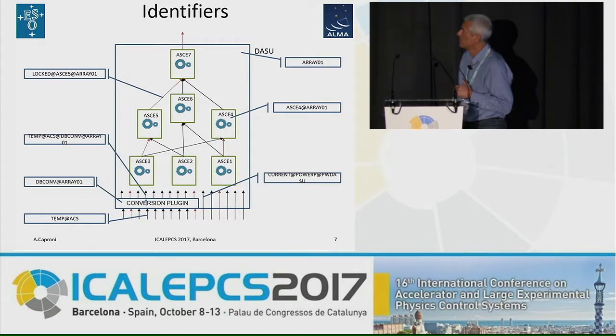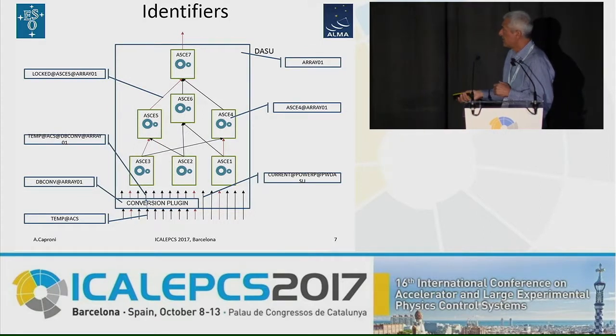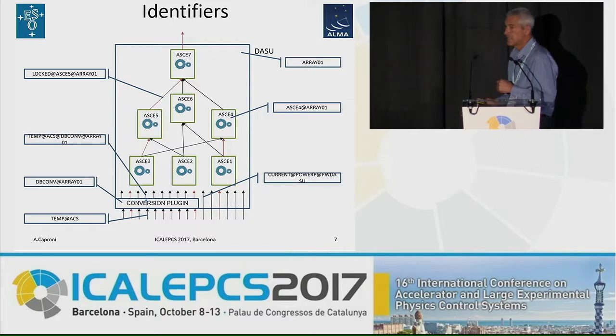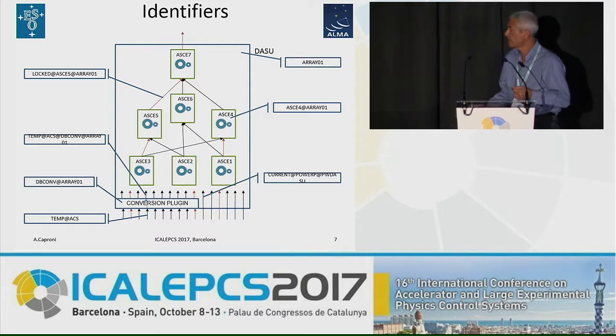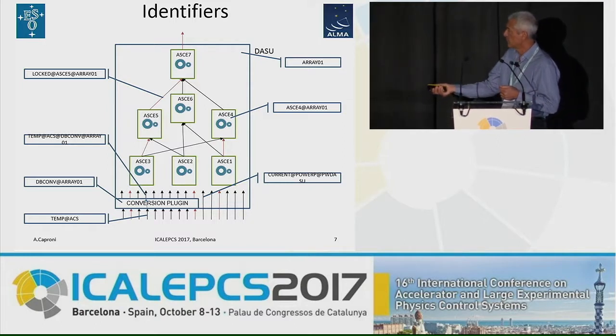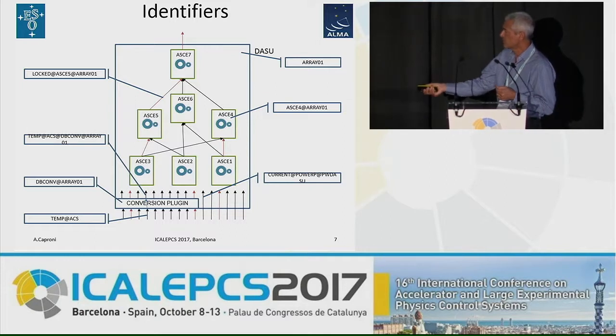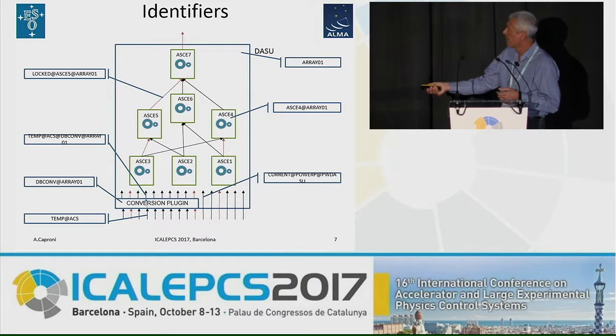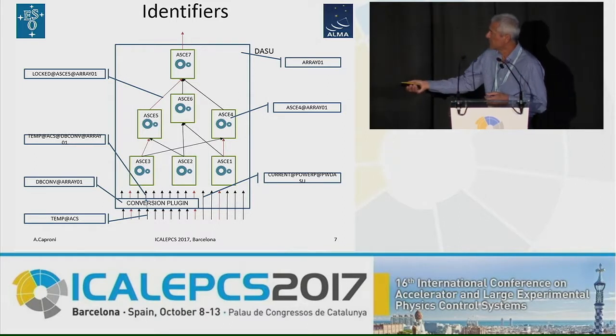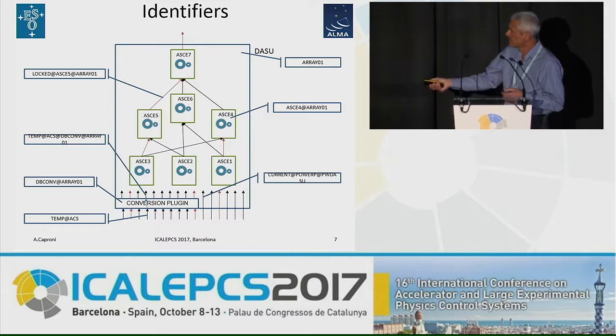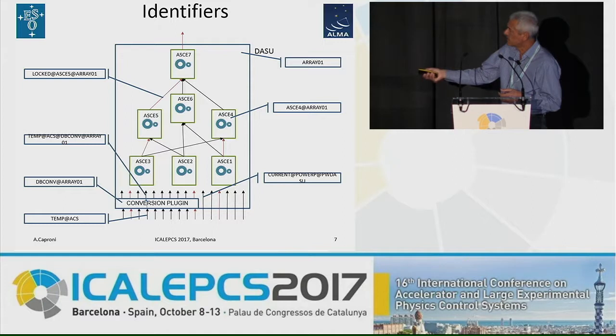So let me go briefly around this. Everything that runs in the integrated alarm system has an identifier, starting from the inputs that come from a remote system. This, sorry for the names, is a temperature coming from the Alma Common Software. This is the converter and the converted value, and we are composing the identifier to know basically the history of all the elements.